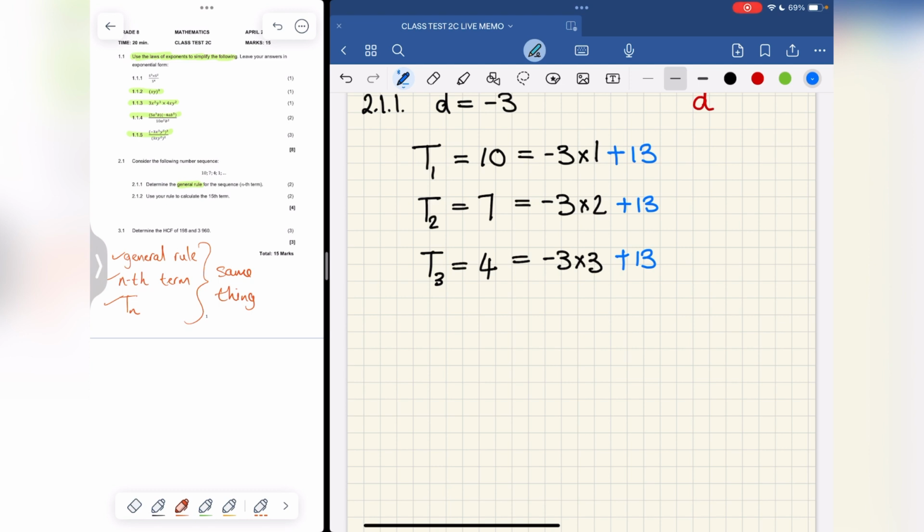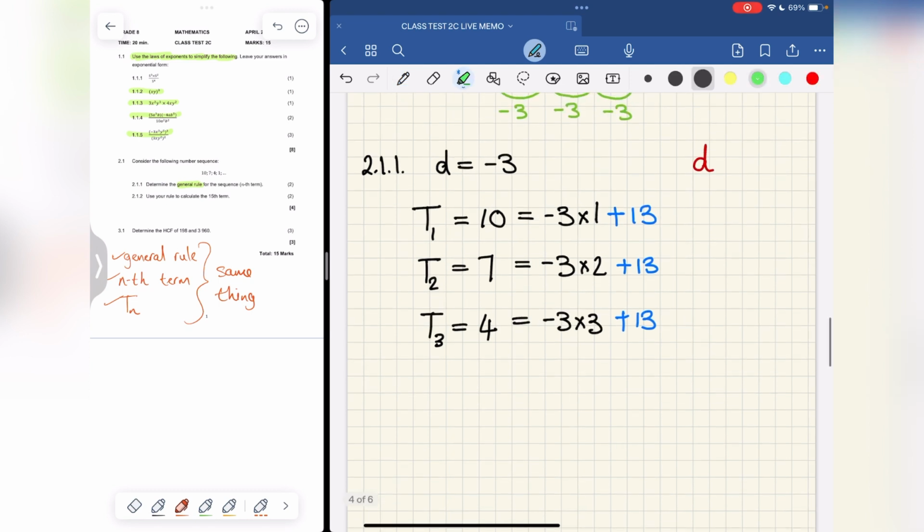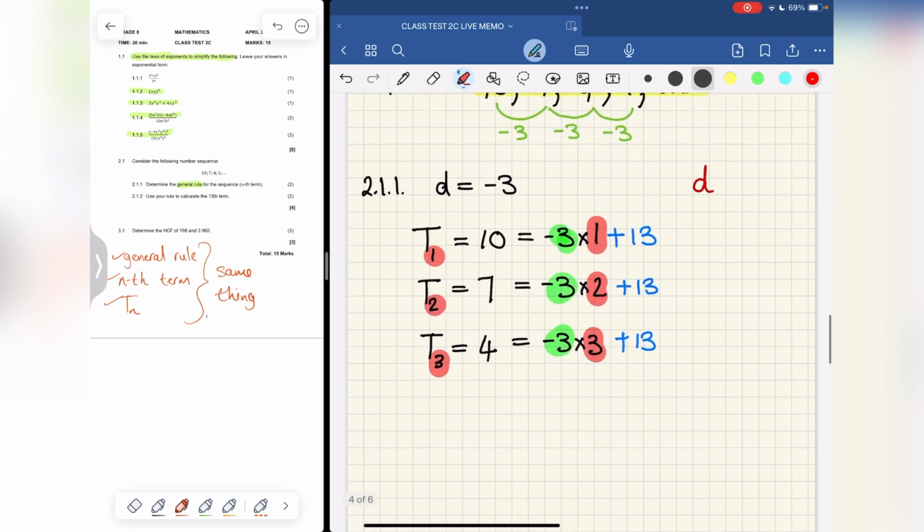So it works. We can see now that if I take my constant difference of negative 3 and multiply it with the position of the term, and I add 13, then I can calculate the term value.